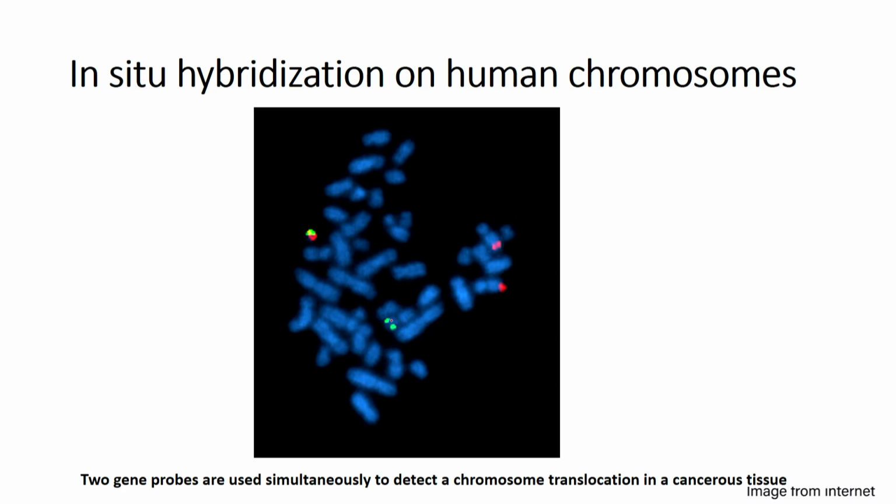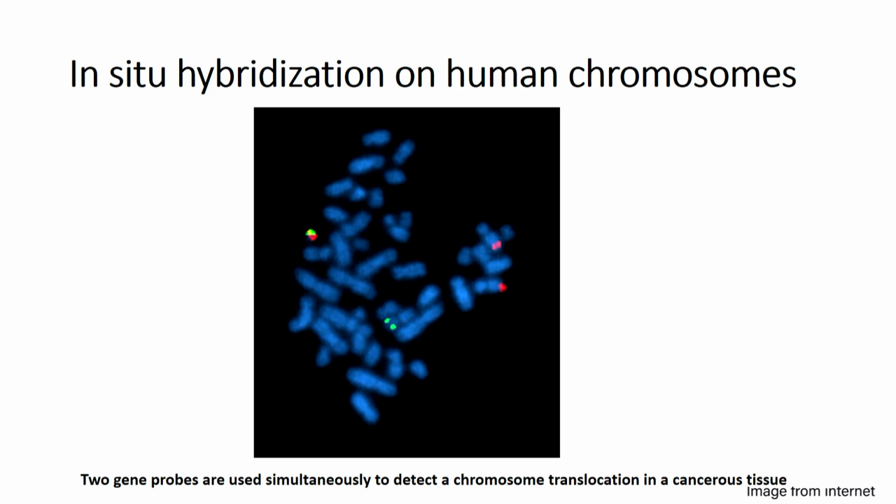One is with green color, one is with red color. That means wherever this red colored gene, let us say ABL, is present, this will be shown on the chromosome. The other gene, let us say BCR, in whichever chromosome it is present, will be shown like this.